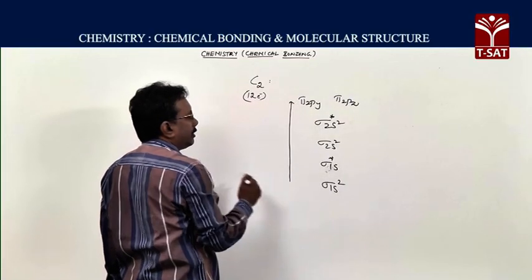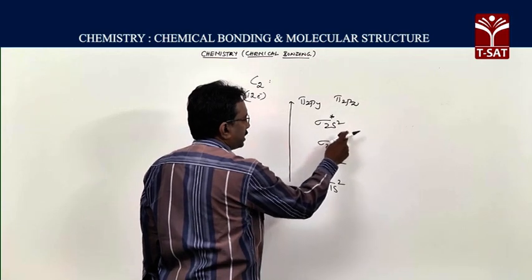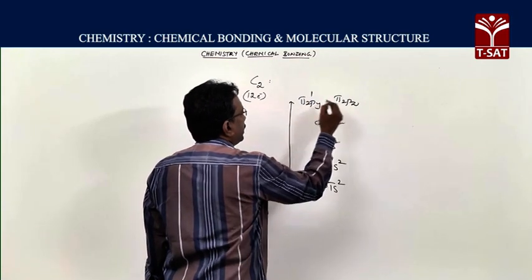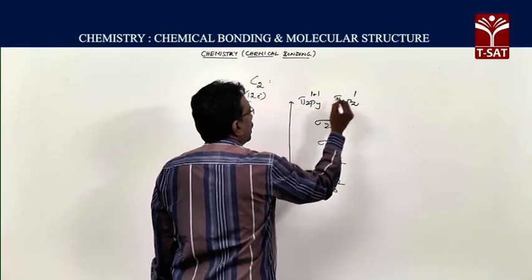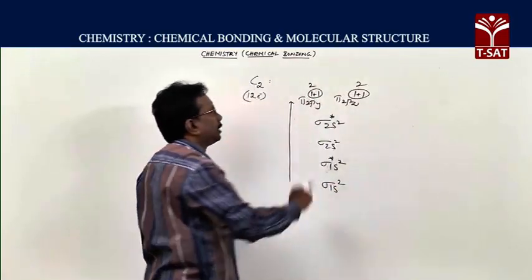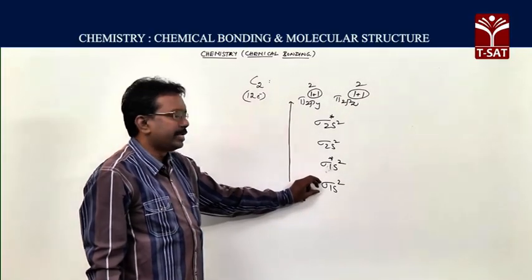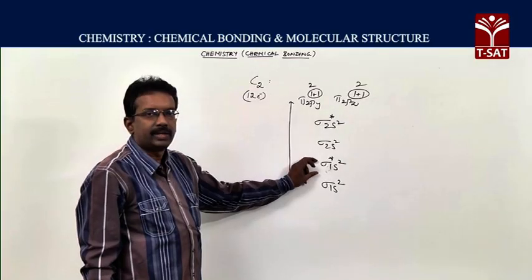Now we have to fill 12 electrons, 2 electrons here, 2 electrons here, 2 electrons here, means 8 electrons are over, 9, 10, 11 and 12. So, this is bonding and anti-bonding. Actually, bonding means stabilization, this is destabilization.